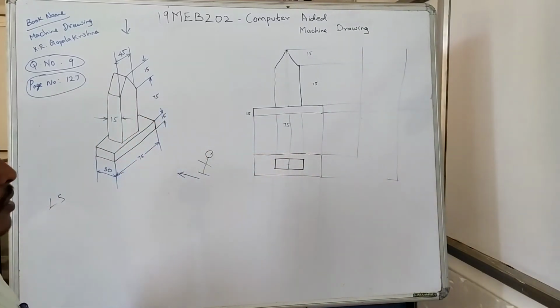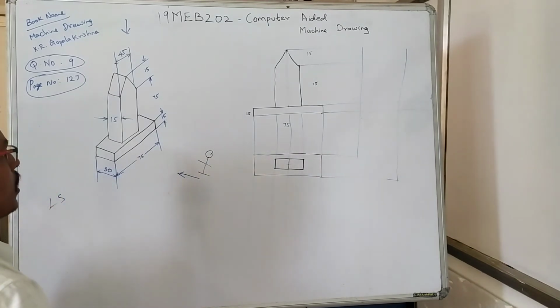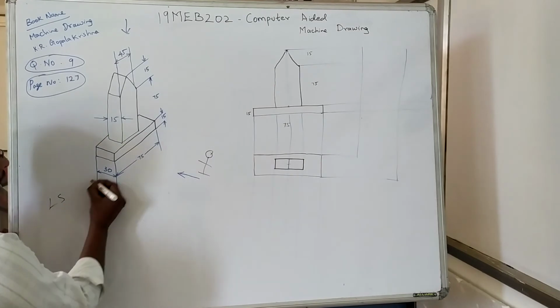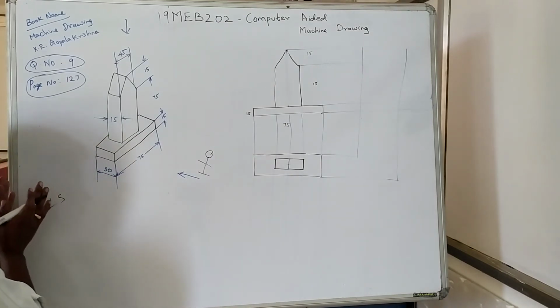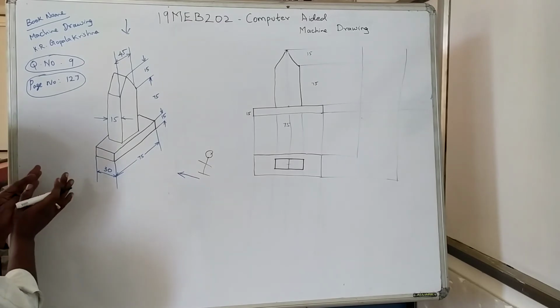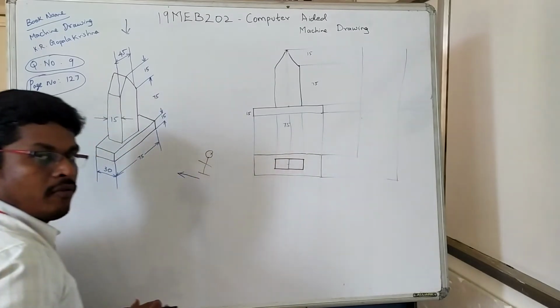Okay, these are my reference lines where I can draw the side view easily. So from the left side I am seeing the side view and I am drawing it on the right side of the front view.